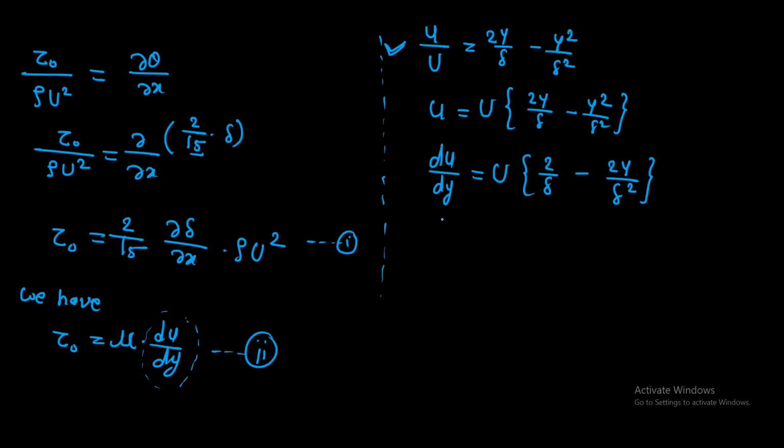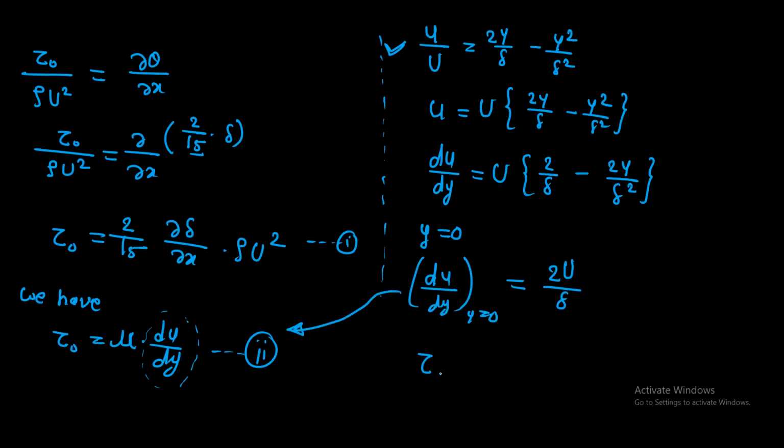Okay, now we want shear stress at tau 0. So when y is equal to 0, this du by dy at y is equal to 0, let's put y is 0, so it is 2 capital U upon delta. Okay, now put this value in the equation 2. So we will get tau 0 is equal to mu into 2U upon delta. So this is equal to 2 mu capital U upon delta.